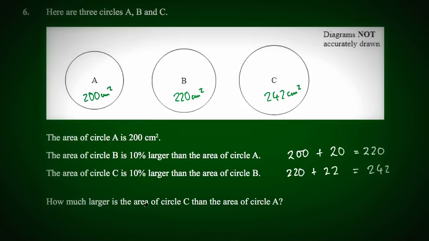So how much larger is the area of circle C than the area of circle A? 242 minus 200 is 42, and that's how much larger circle C is than circle A, in centimeters squared.